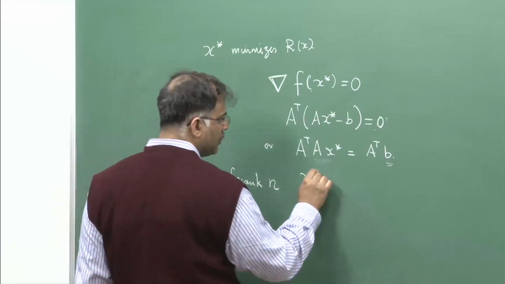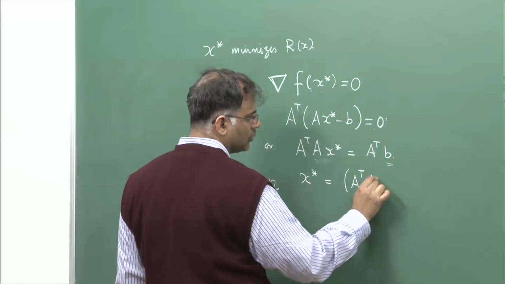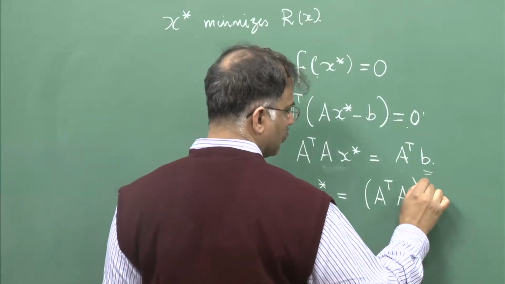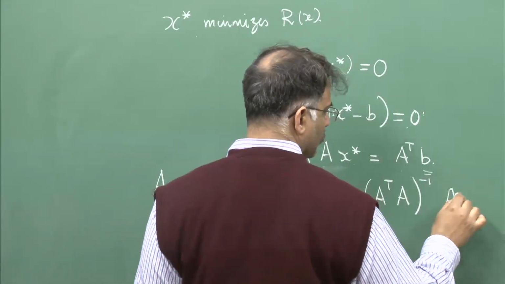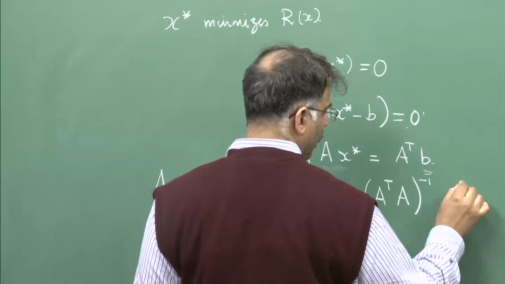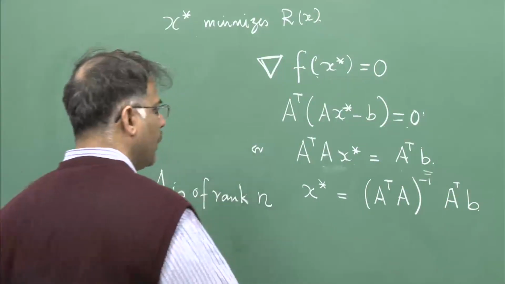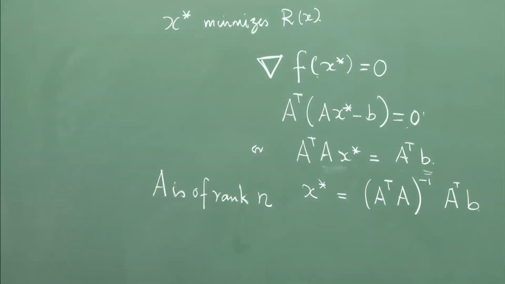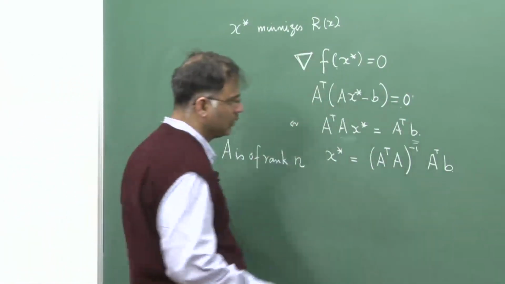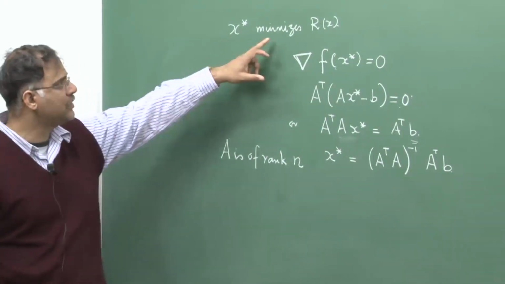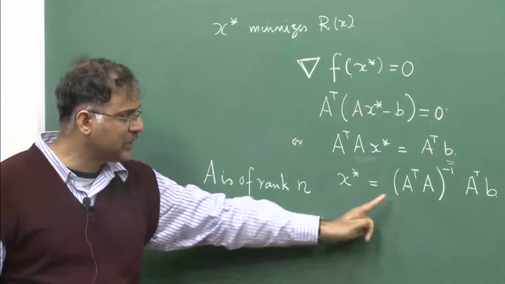then x star is equal to A transpose A inverse A transpose B. Now, if x star solves this problem, then grad f x star must be equal to 0 and x star must have this form.